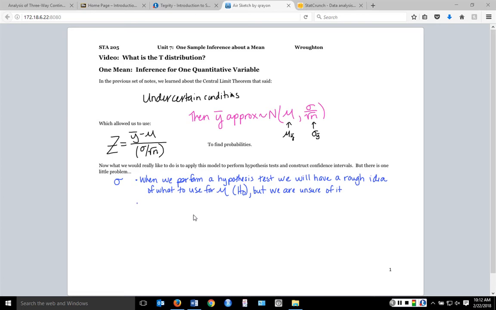If instead we construct a confidence interval, we don't actually know mu.